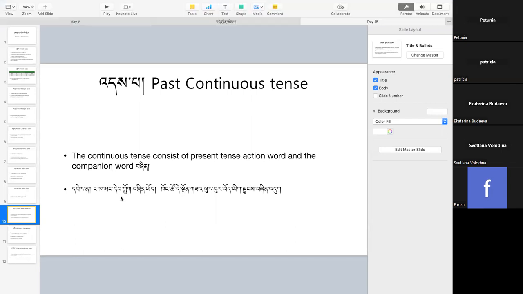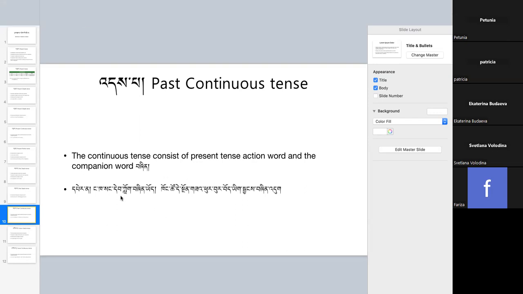Kasa tep lo shin yö. So we see that the only thing that changes is the verb, the action word, but the companion word doesn't change. So shin yö for the first person, shin tuk for the third and the second person.